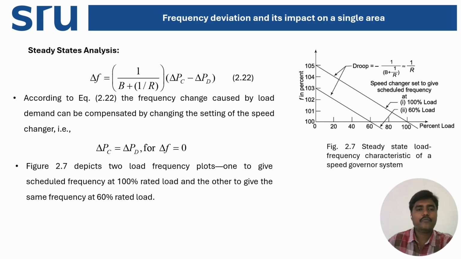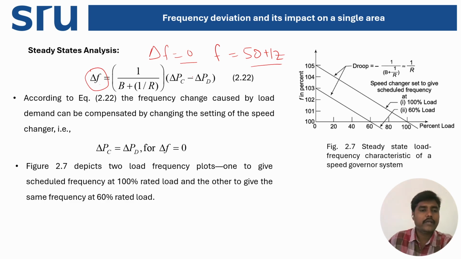So here, from this equation, we can make an important observation as we don't want to have any frequency deviation. That means we want to maintain this delta F is equal to 0 always, so that the actual frequency is exactly equal to the nominal value, that is 50 Hz. So this delta F will become 0 only when delta PC is becoming equal to delta PD.